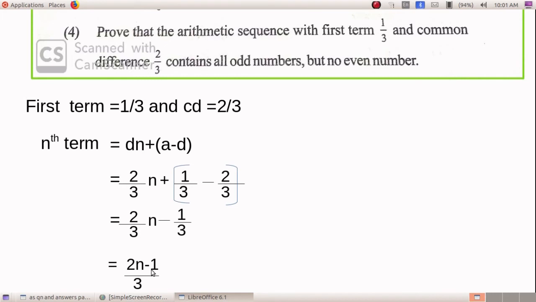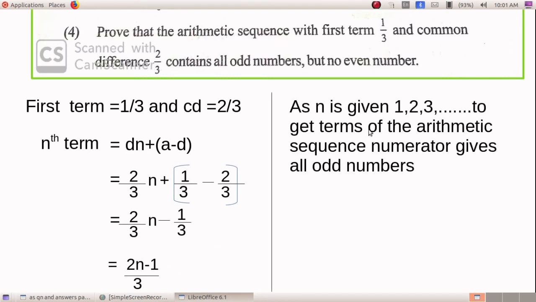Therefore all odd numbers will be given by this expression. Okay, let us write it like this. As n is given 1, 2, 3 etc., here we get all odd numbers obtained in the numerator, mean all odd multiples of 3 is also there.